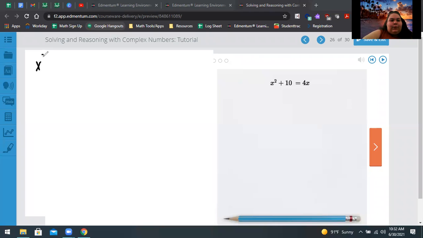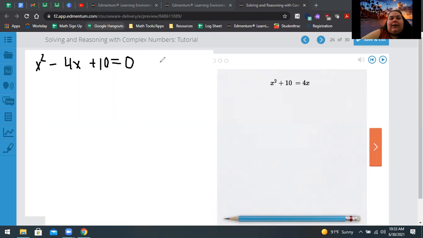This is x squared, or actually it's minus 4x, right? Minus 4x plus 10 is equal to 0. Now, completing the square works a little bit differently. Even though we like it equal to 0, we're not going to make sure we have it equal to 0.